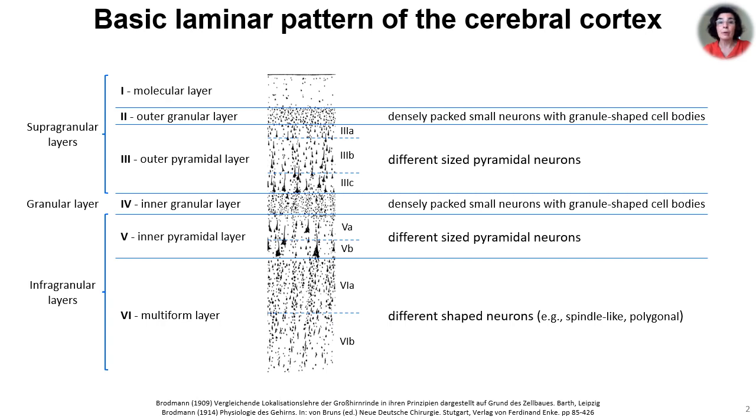So, for example, although layer 3 is mainly characterized by small and medium-sized pyramidal cells, in some areas very large pyramids are found in the lower third of layer 3, the so-called layer 3C.